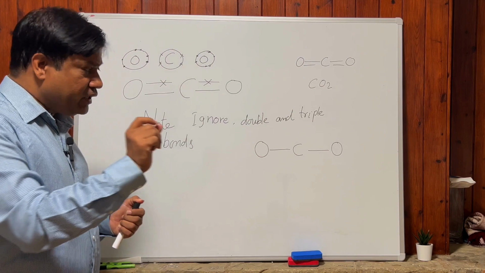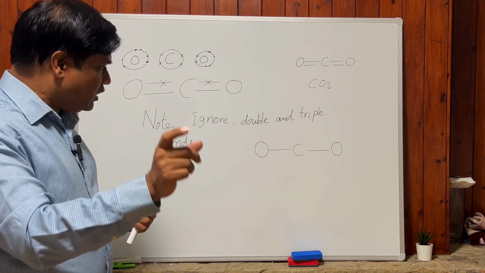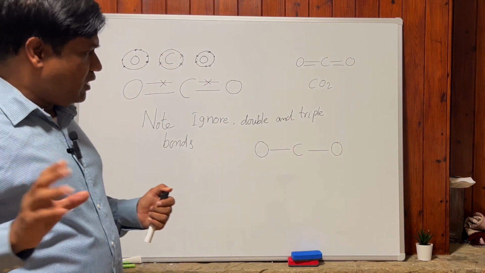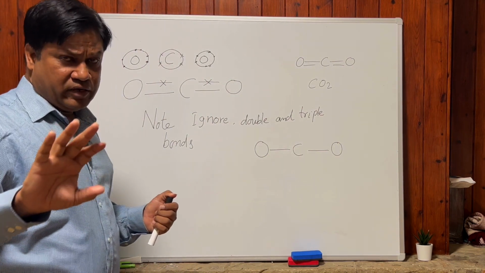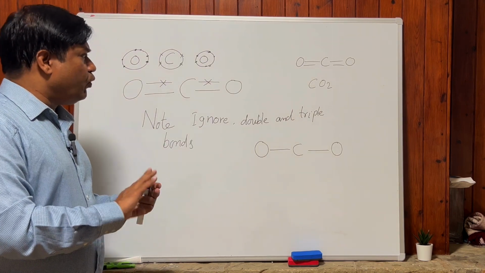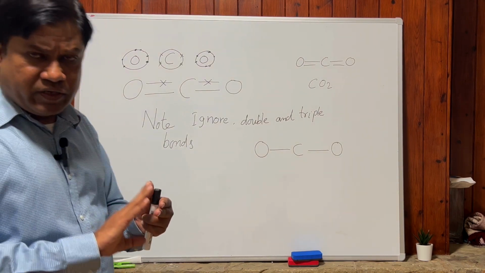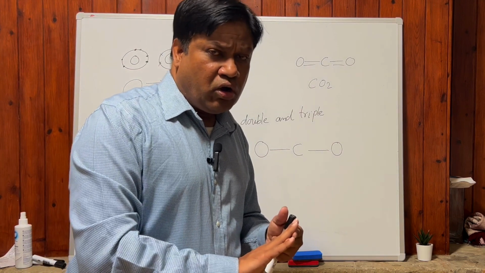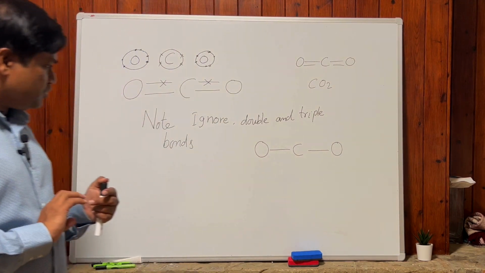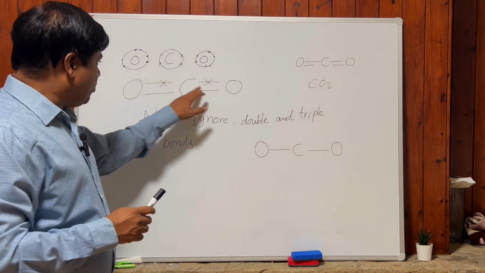No. It may affect the bond length, but we are not discussing the bond length. The bond angle is fine. No problem is created by the pi bond or the double bond and triple bond on the shape of the molecule. So just ignore the double bond and the triple bond.